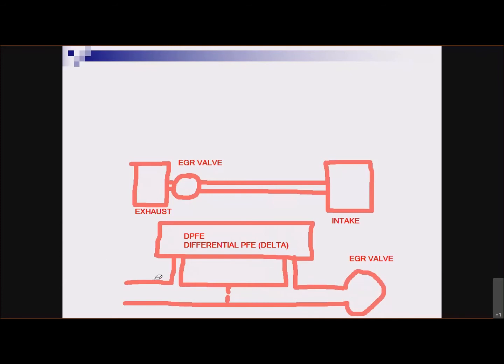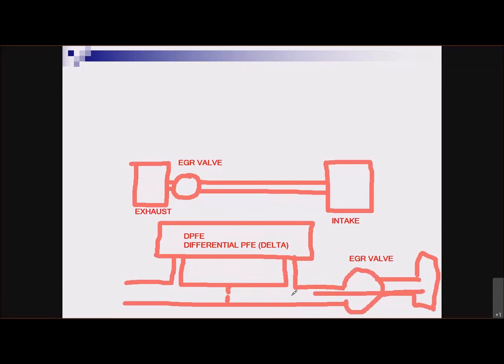When the EGR valve opens, all right, so this guy here opens up and allows flow into the intake manifold, right? So, over here is the intake manifold. Allows flow through that valve and into the intake manifold.